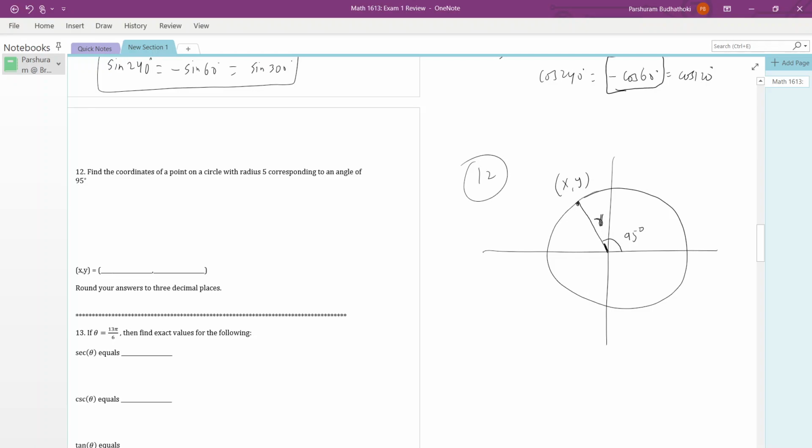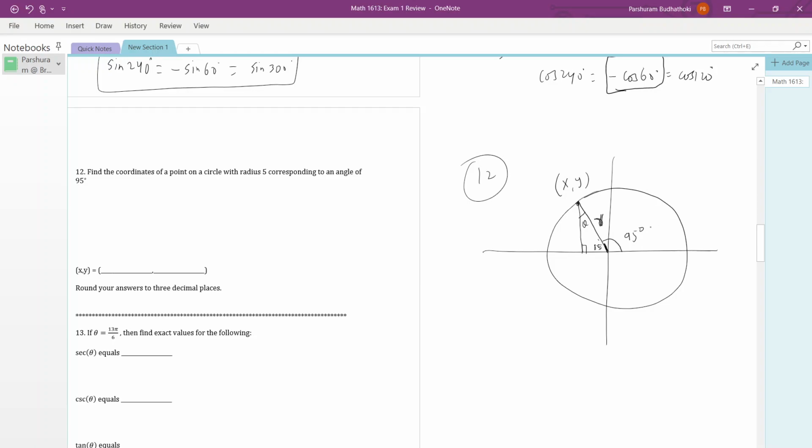Okay, so if we draw a right angle triangle here, and let's say this is our theta, we can always find the value of theta. If this is 95 degrees, this angle would be 85 degrees, right? Because 85 plus 95 is 180.